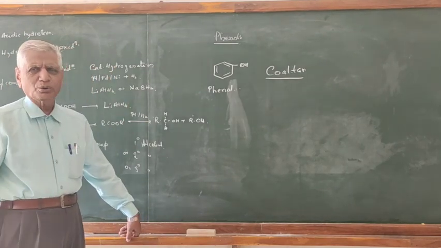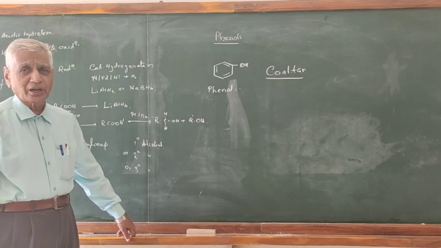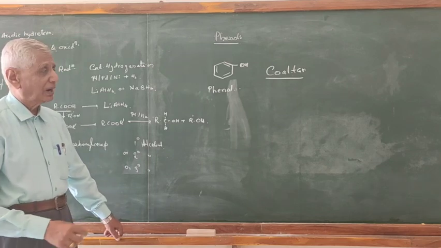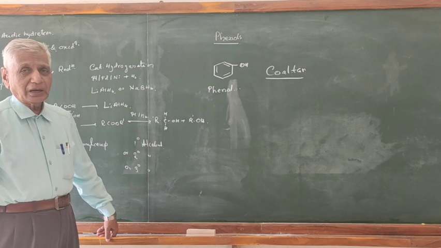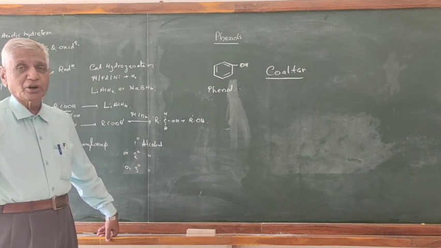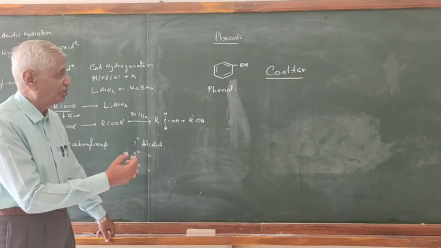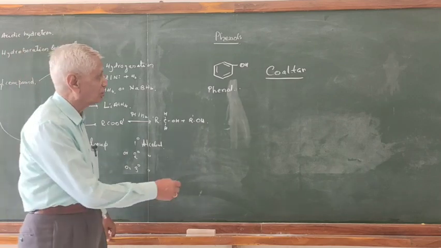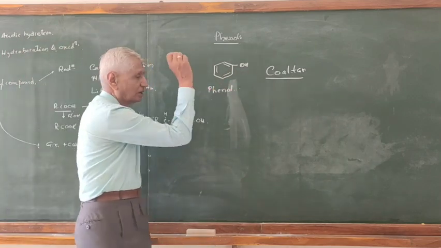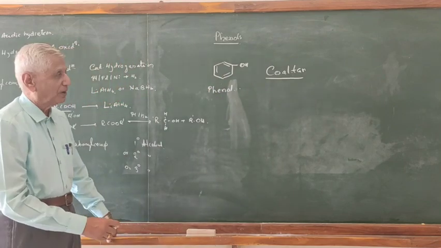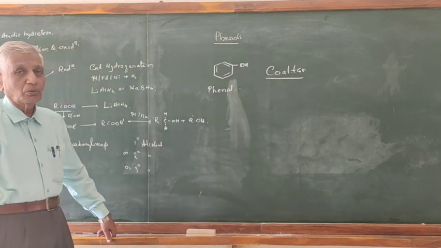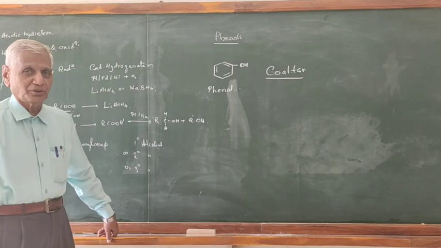Coal tar obtained from coal. Coal, you know, when you distill it in the absence of air, you get coal tar. This coal tar is rich in many organic compounds, and phenol is also present in the coal tar. So for the first time, this phenol was obtained from the coal tar in old days.